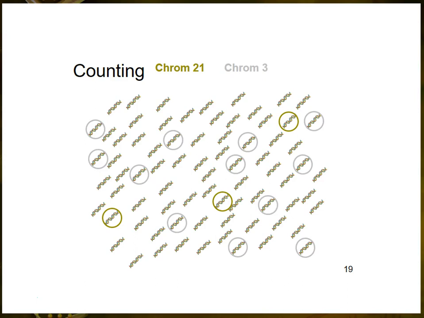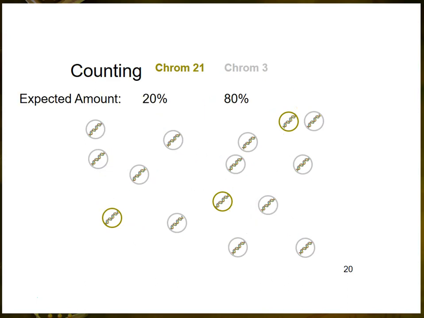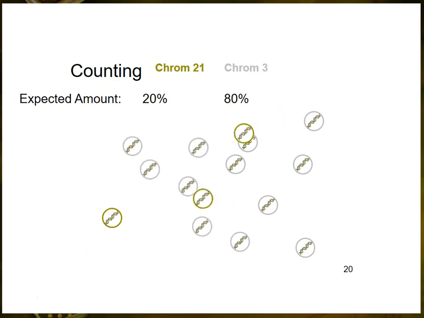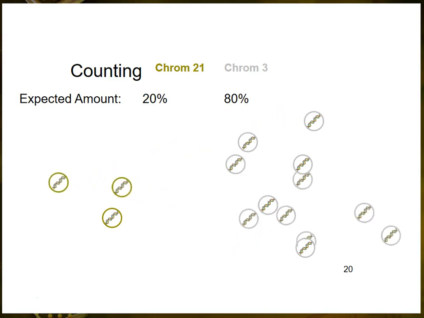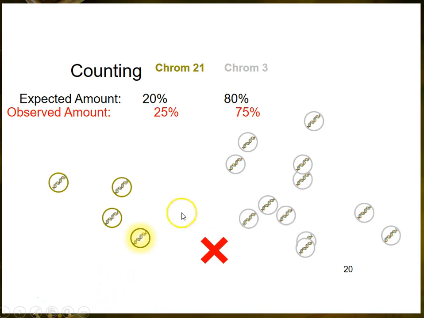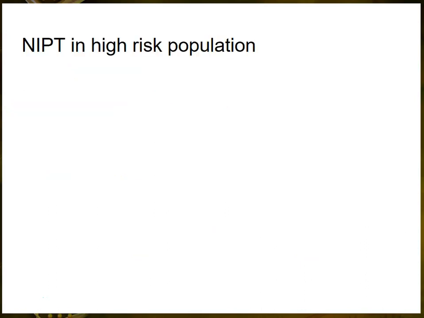Again, chromosome 3 is a much larger chromosome, so we'd expect 20% of the fragments to be of chromosome 21 origin, with 80% in chromosome 3. However, what if we have additional fragments of chromosome 21 origin? This changes the observed amount, and this brings up the concern that there is an additional copy of chromosome 21 in the fetus.